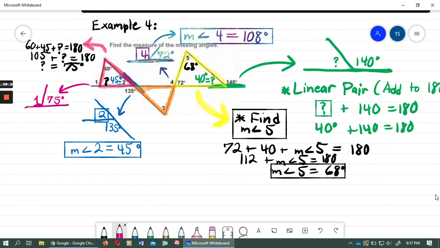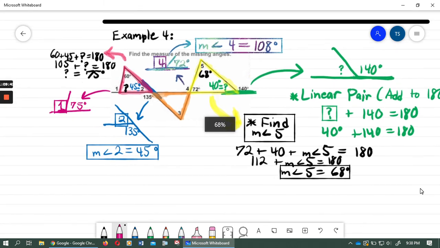They add to give us 180 degrees, which means that the measure for angle 1 is 105, guys.